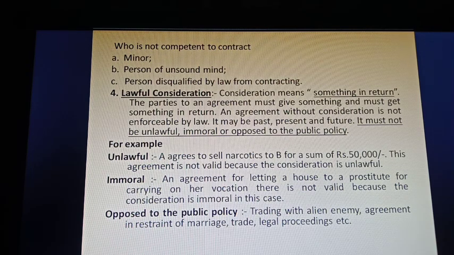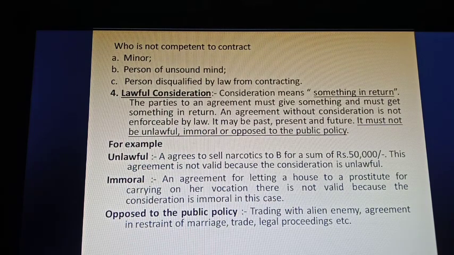And the fourth condition is that there must be lawful consideration involved in the case. If consideration is lawful, then the agreement becomes the contract, otherwise not. But what is the meaning of consideration? Consideration means something in return.